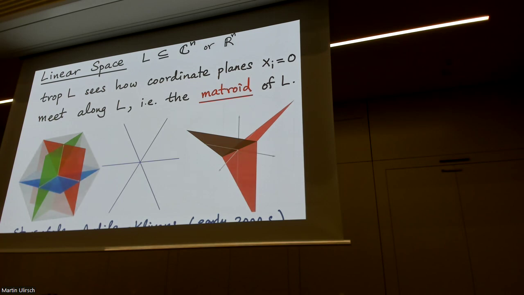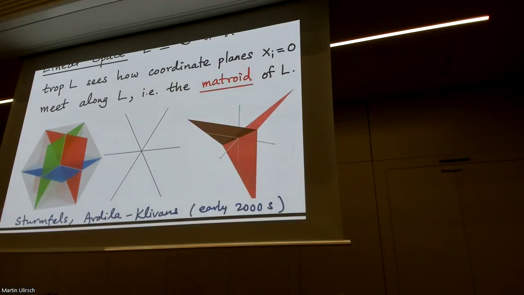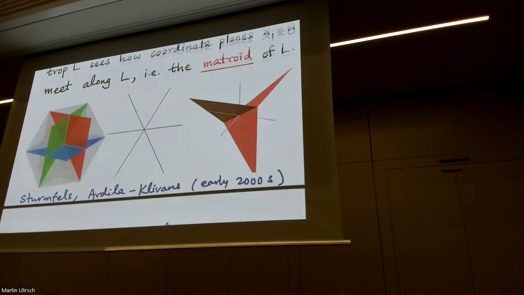So it sees this middle picture right here. This is the picture of the 3 coordinate planes restricted to my linear space. So this sees a hyperplane arrangement. In other words, it sees the matroid of the linear space, and I'll define that in a bit. So this is a tropical picture. This was observed by Sturmfels and made more precise by Ardila and Klivans in the early 2000s.